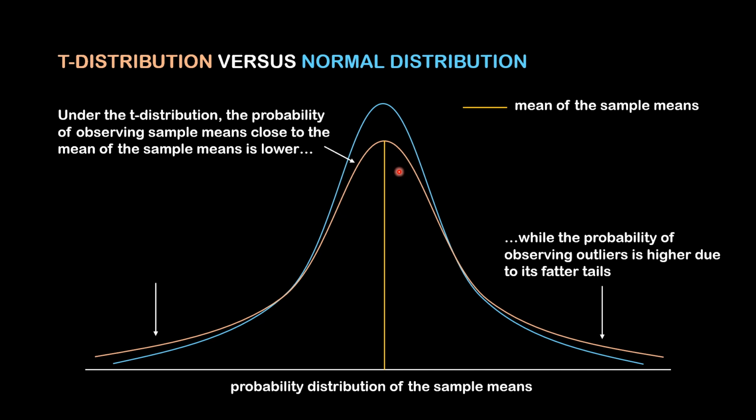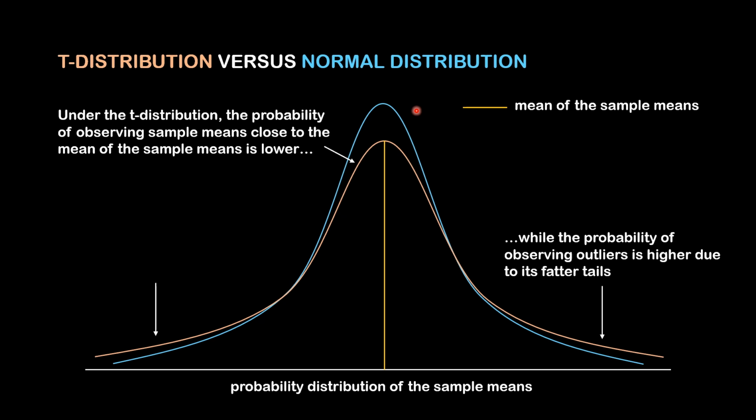If n is small, the percentage of sample means falling between -2 and +2 standard errors from the mean of the sample means is going to be much smaller than the percentage we get with the normal distribution. But as sample size increases, this percentage is going to get closer and closer to 95.45%.